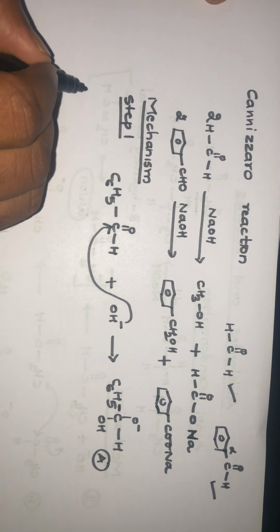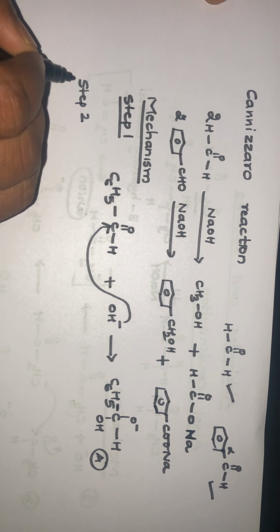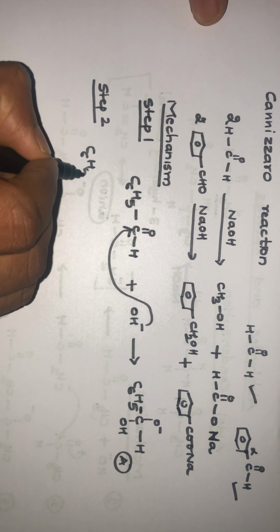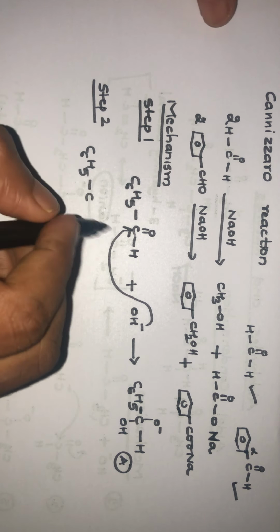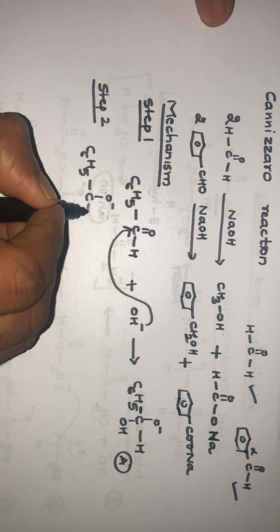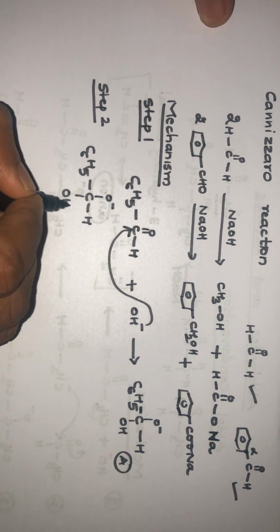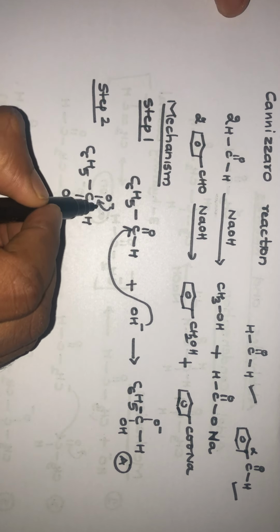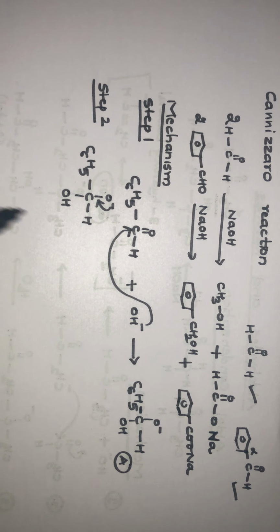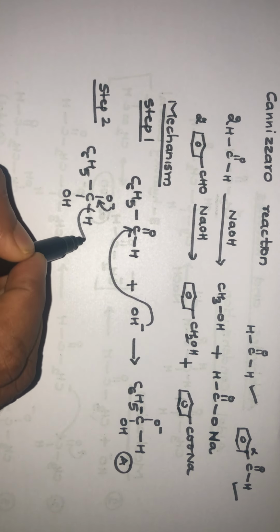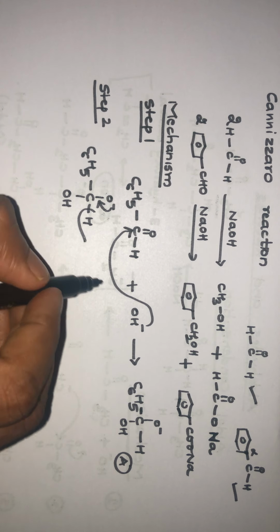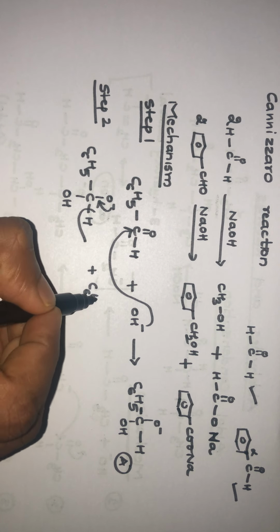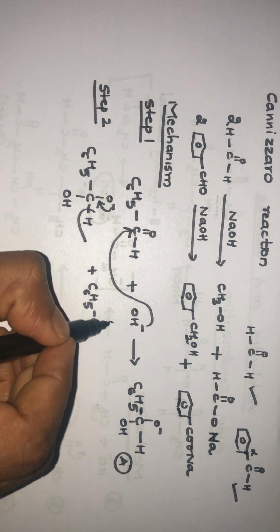In step 2, C6H5 C O minus H OH. This moves here to form a double bond. So hydride ion transfer takes place, and this hydride ion gets transferred to another molecule of benzaldehyde that will be present.